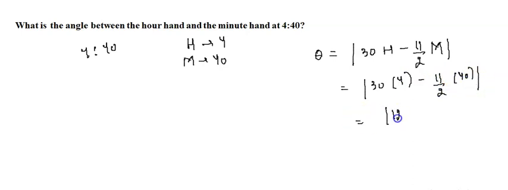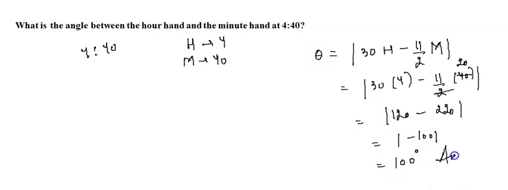It will be 120 minus 220. Now as you can see, it is a negative value, but theta can never be negative, so considering the modulus value, it will be 100 degrees. So the angle between the minute hand and hour hand of a clock at 4:40 is 100 degrees.